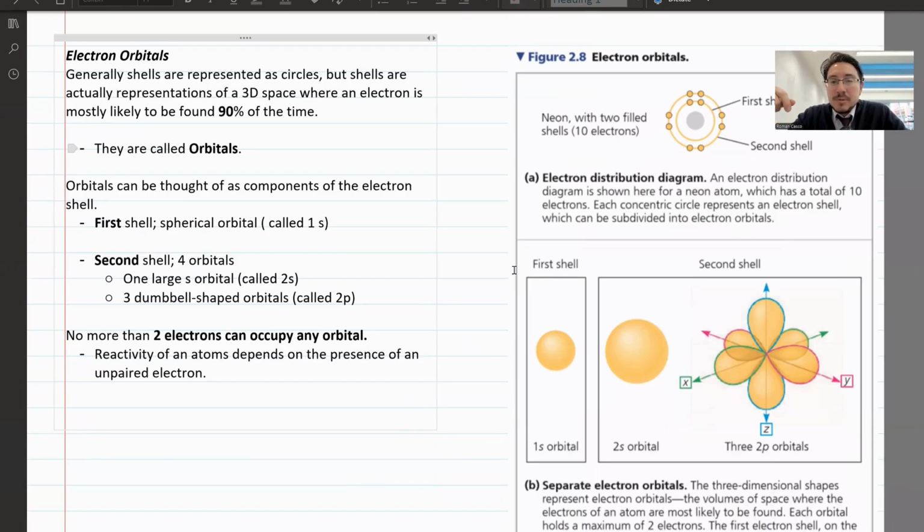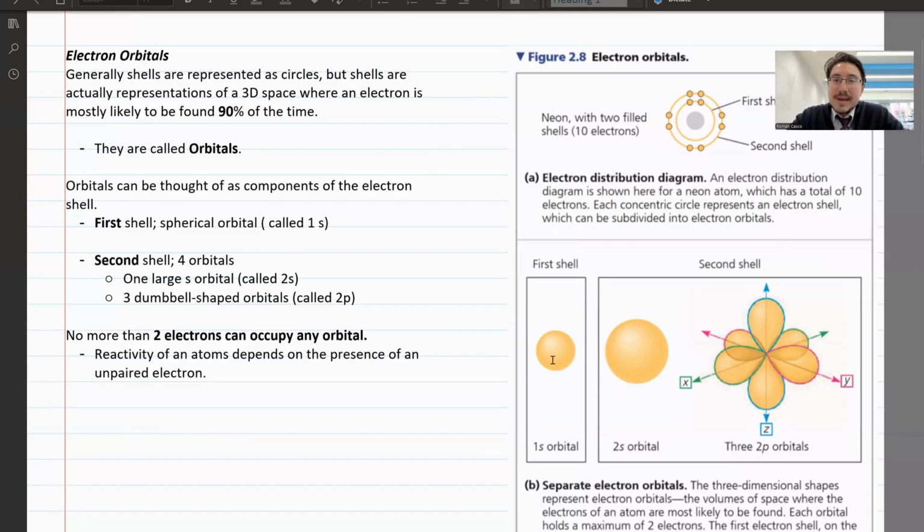So if you were to see hydrogen, for example, hydrogen just has that first electron shell. More specifically, in a 3D space, it would have this little spherical orbital where the electron is floating around the nucleus.